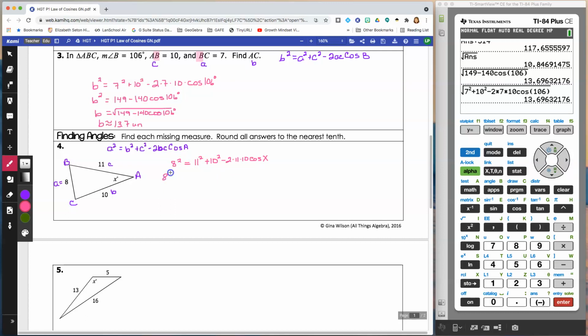So I have 8 squared minus 11 squared minus 10 squared. This is equal to negative 2 times the 11 times the 10 times the cosine of x.